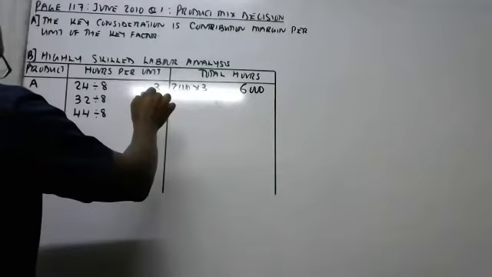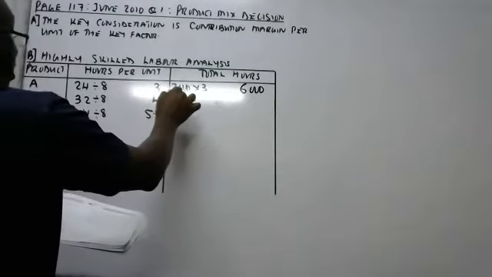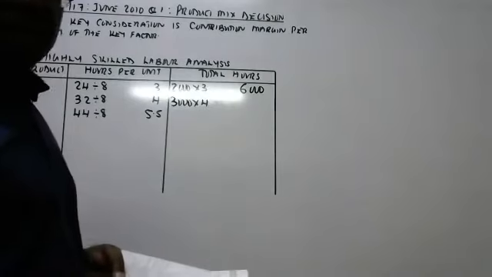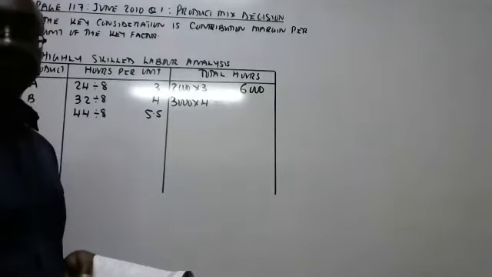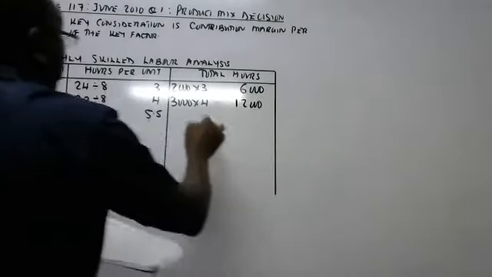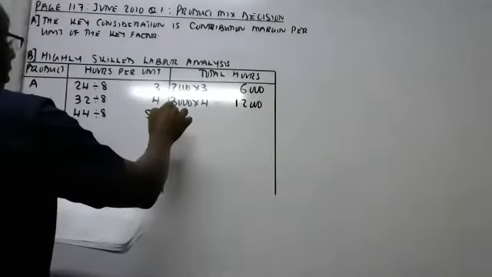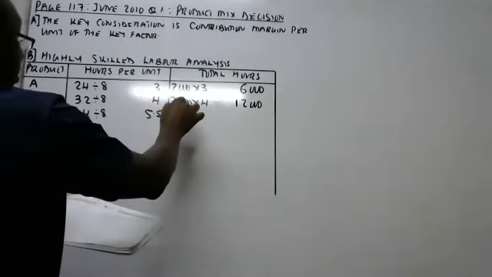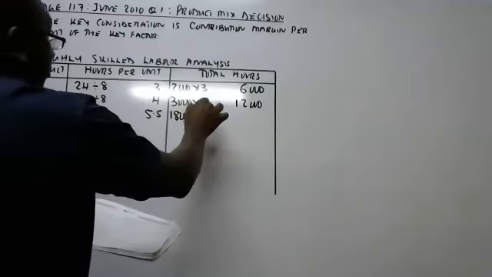Then this other one is 3,000 times 4, which is 12,000. Then this other one is 1,800 times 5.5.